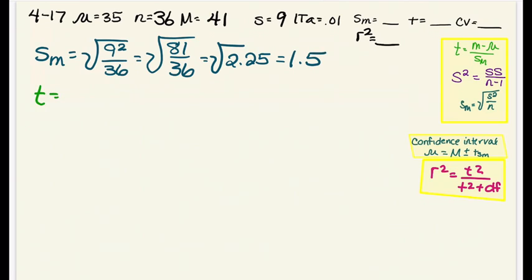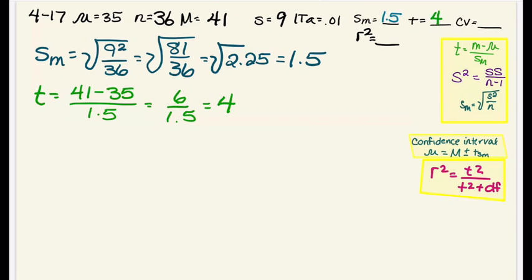Next, we'll calculate our t-value by taking our sample mean, subtracting the population mean, and dividing the difference by our estimated standard error, which is 6 divided by 1.5, and that equals 4.